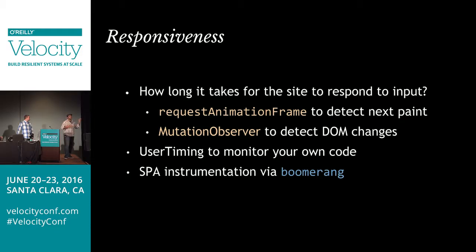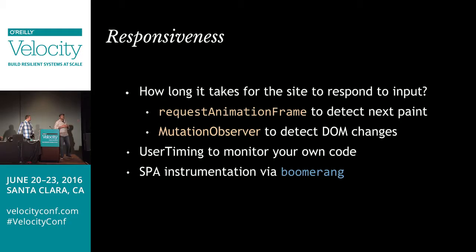We could also use mutation observer to see whether the DOM has changed, or use the intersection observer to see if certain elements have suddenly become visible. Especially in a single page app, you click on a link, it doesn't actually reload the page, but it may fetch something and display that on screen. So you want to see if the DOM has changed. If the user clicks somewhere and nothing happens, or it takes a long time for something to happen, that is a problem. That's causing cognitive dissonance, where the user feels they're not in control of their experience. They've clicked, it's taken more than 100 milliseconds for something to happen, right?